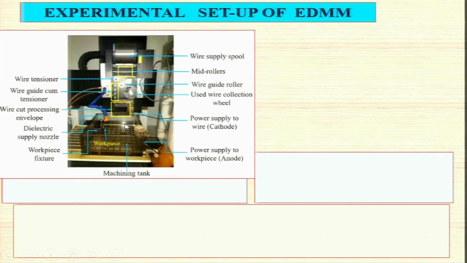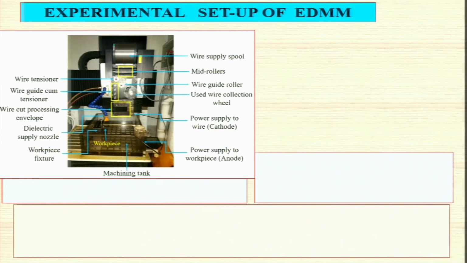As you can see, spark is shown over here. This is the machining tank. Power supply is there. Then you have power supply to the wire, that is the connection given over here. And this is the used wire collection wheel. And then wire guide roller is there. It is guiding the wire in which direction it should go and what inclination it should move.